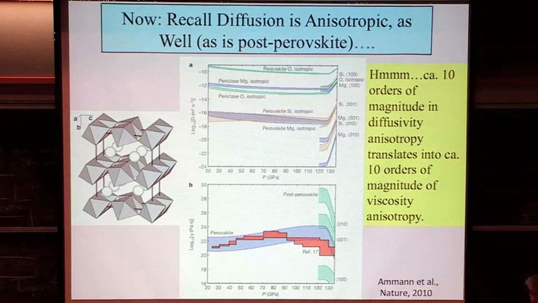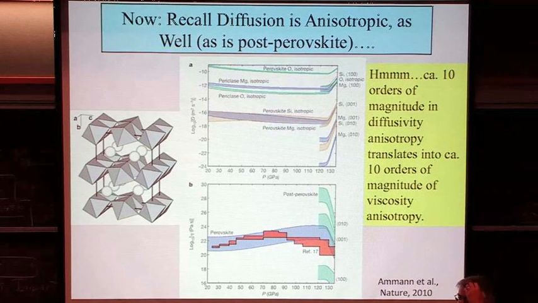So I can't swear on a stack of Bibles that it's 10 orders of magnitude off the top of my head. I don't carry that bit of trivia in my mind. But there are certainly materials that do have very anisotropic diffusion rates within them. I mean, this is why this is such a startling result.